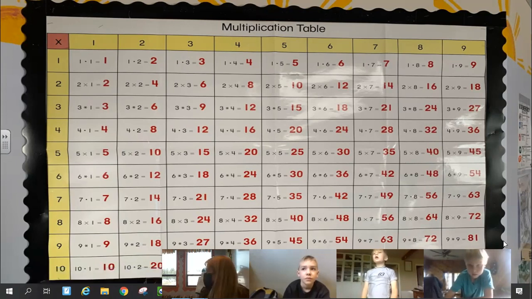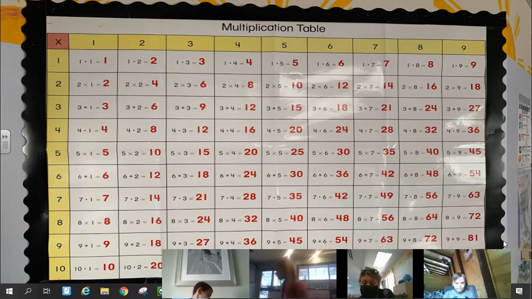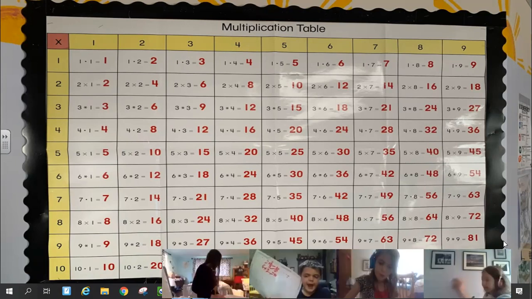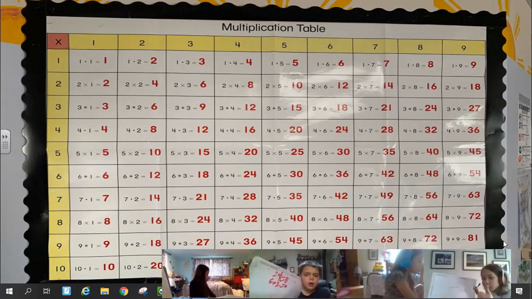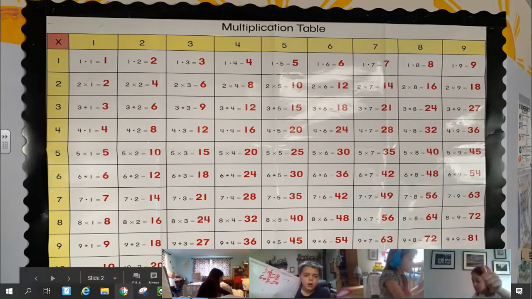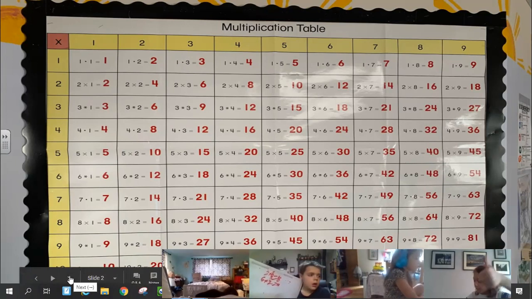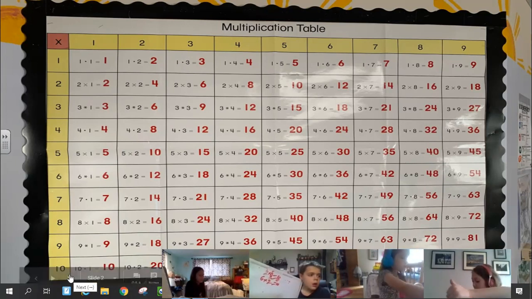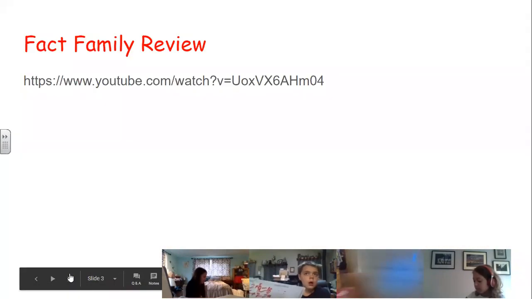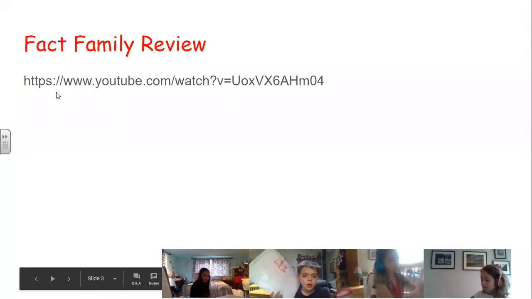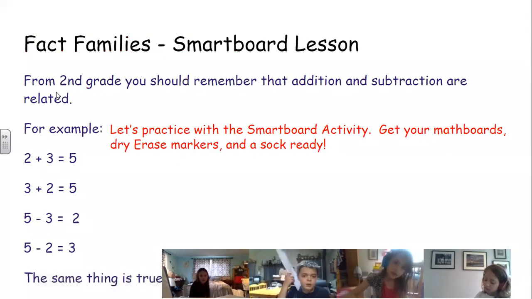Colvin, good job. Looking good. Okay, Evie, what's 2 times 6? 12. If you think she's right, give a thumbs up. Nicely done. Katie and Reese, you're doing great. Well done.